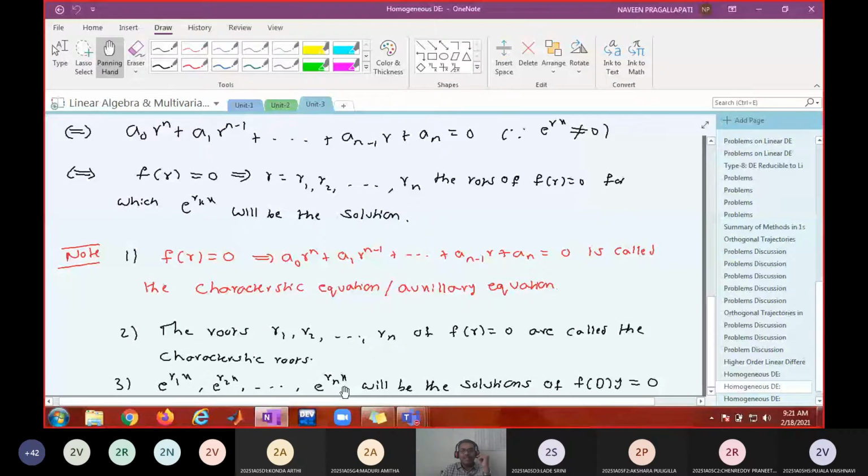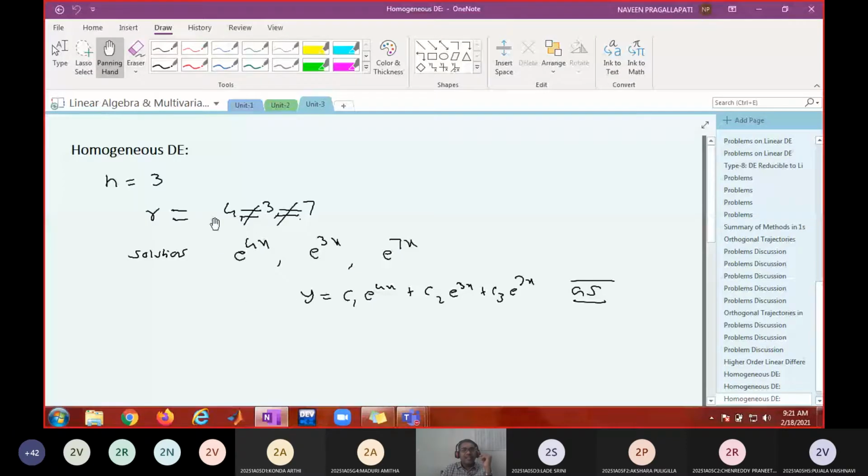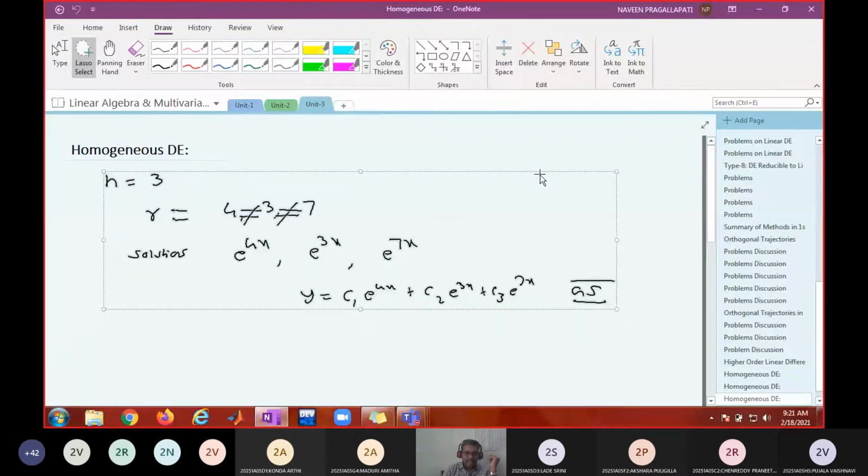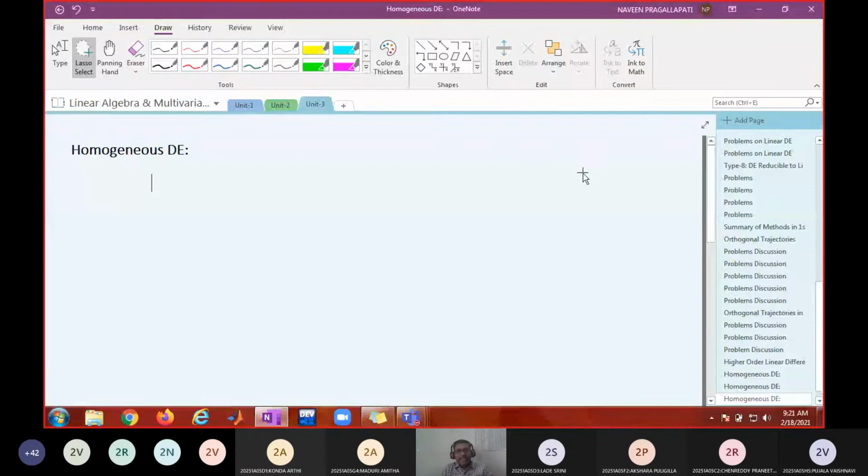If all these are independent functions. Okay, and we observed that for distinct values of r, the corresponding exponential functions will be linearly independent, whereas for equal values of r, you may not have the independency.